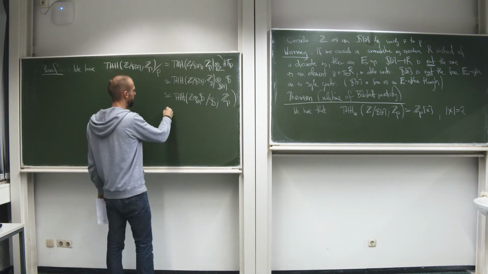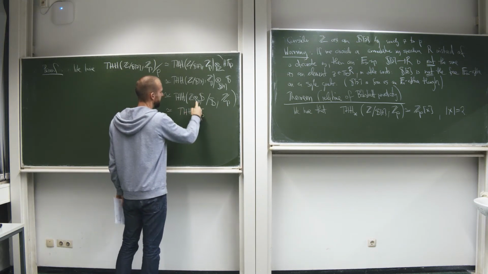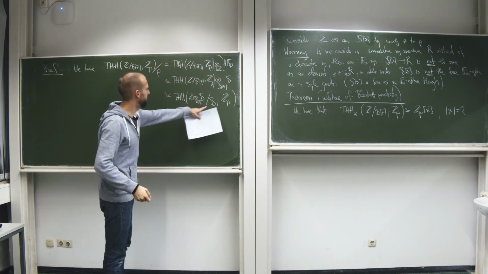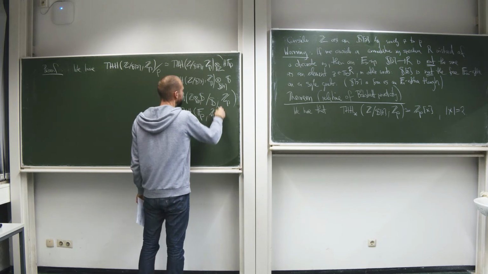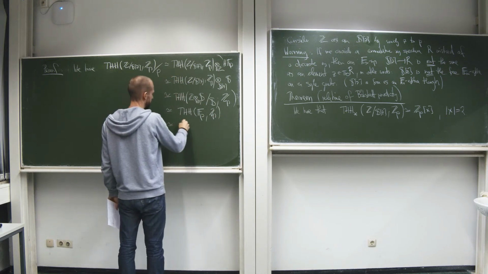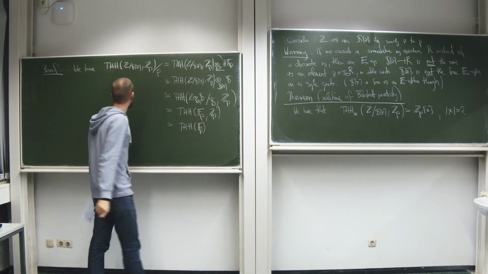And then here we automatically, of course, get that this is THH of FP, right? Because this is just FP, and working relative to the sphere is just THH with p-adic coefficients, but I already said that this is actually just THH of FP because this is already p-complete.